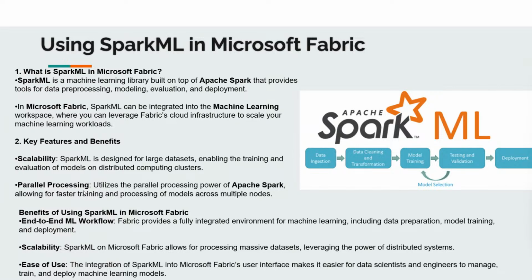You could allocate cloud resources to them like you couldn't with a single server or computer that you're running scikit-learn on. Benefits of using it in Fabric: you also get an end-to-end machine learning workflow. It's fully integrated. You have all these different steps from the very beginning of the machine learning lifecycle to the end.